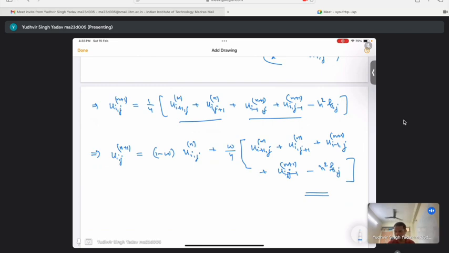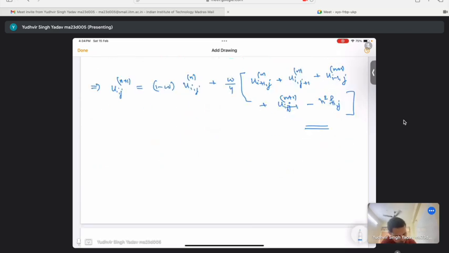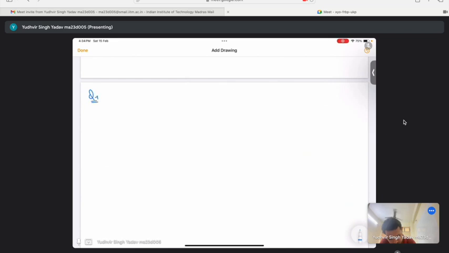Next, we will see one more problem. The problem says, which of the following is the Poisson? Again, we have the same Poisson equation, del squared u by del x squared plus del squared u by del y squared equals f of x y.